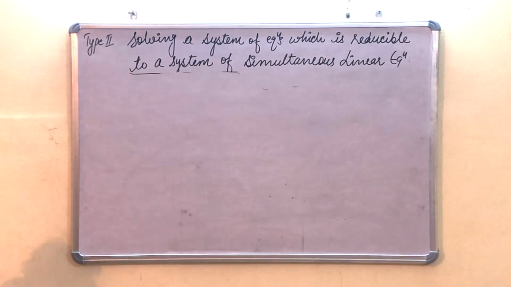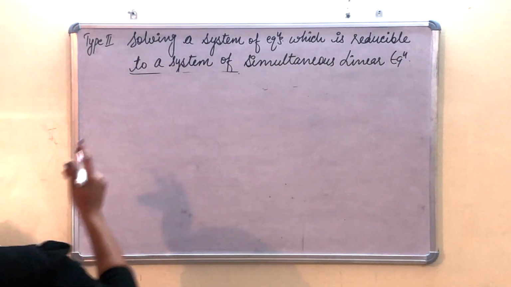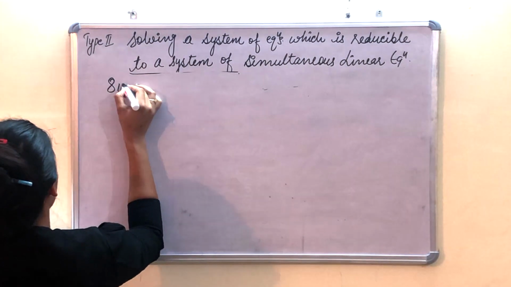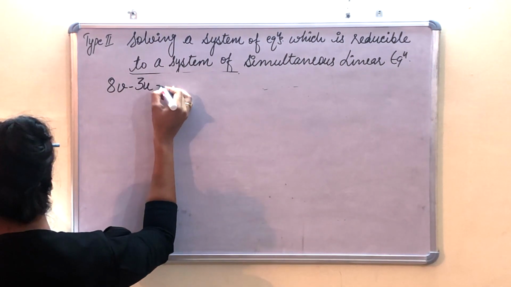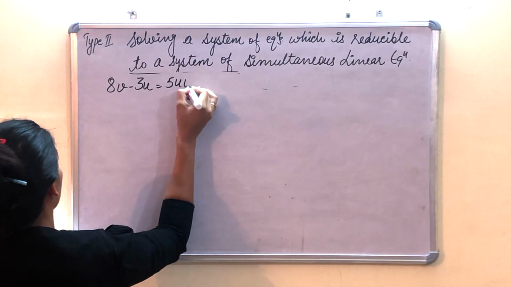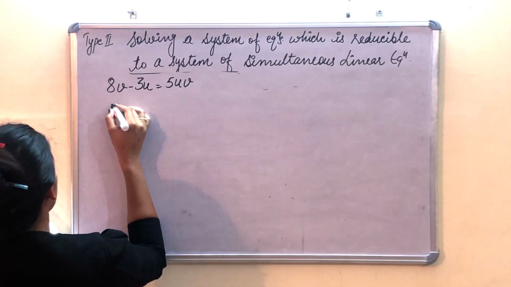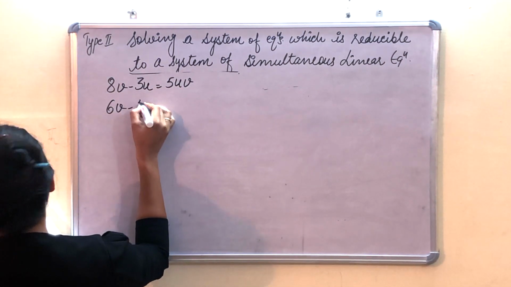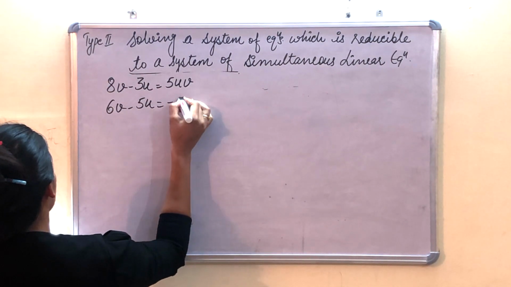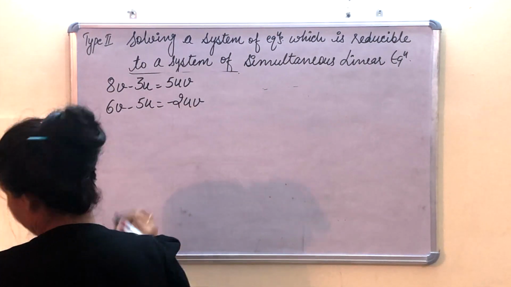we take another example, that is 8v minus 3u is equal to 5uv, and the second one is 6v minus 5u is equal to minus 2uv.